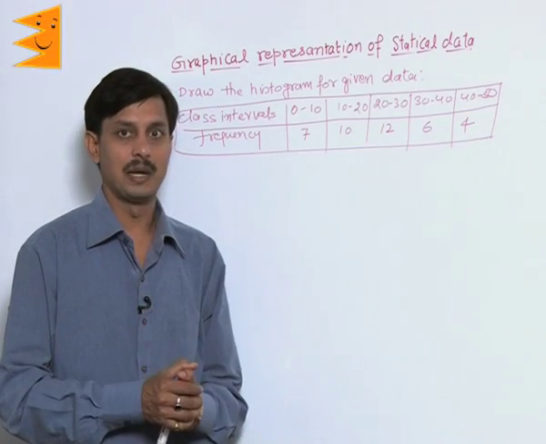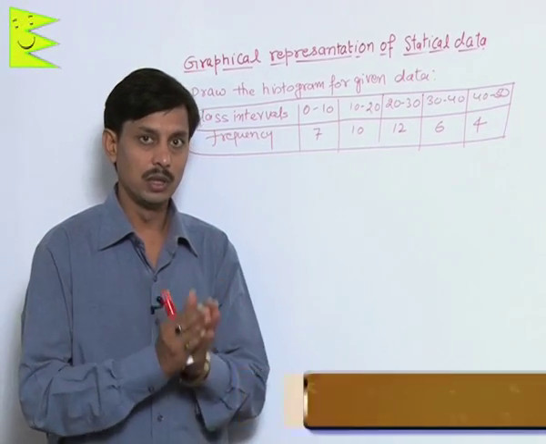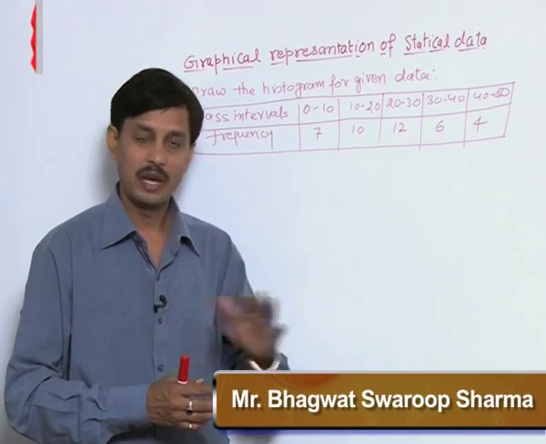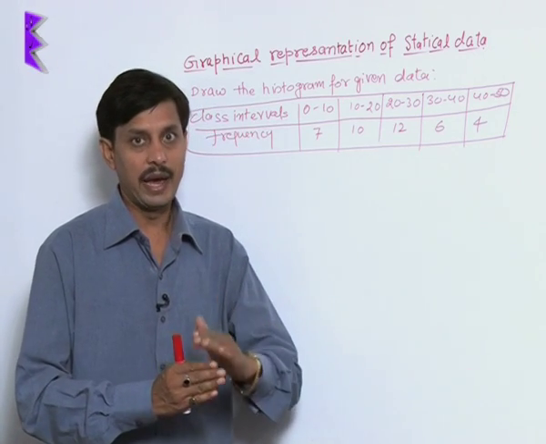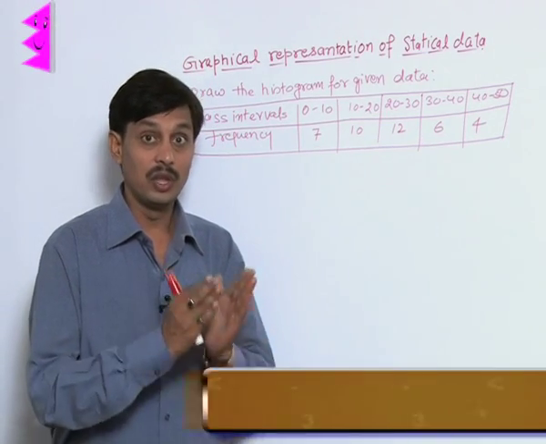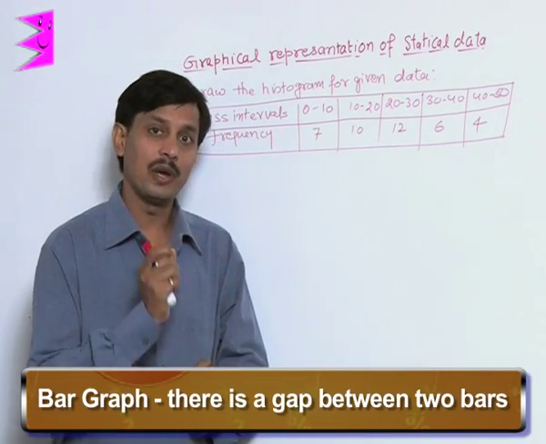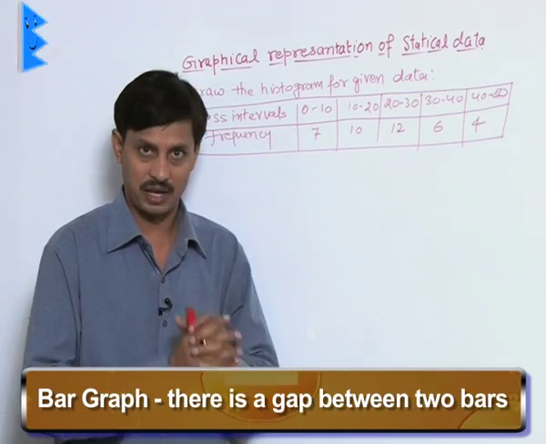Through one example, I would like to explain how to draw the histogram. The difference between a bar graph and a histogram is that there is always a gap between two bars of a bar graph.